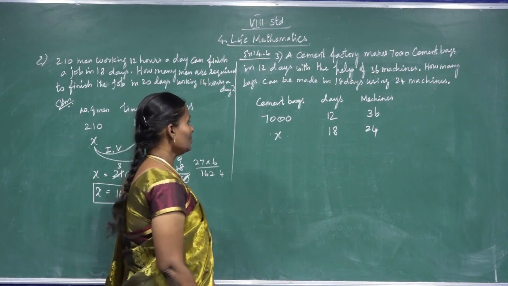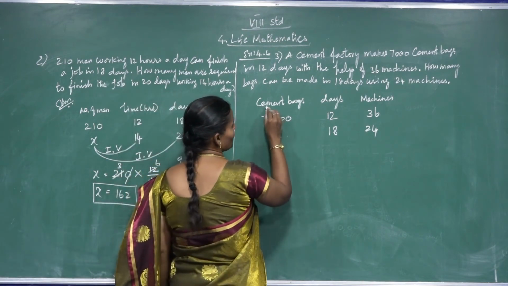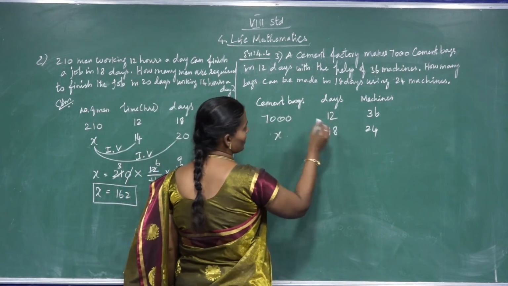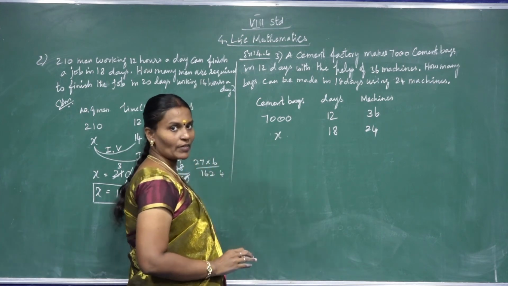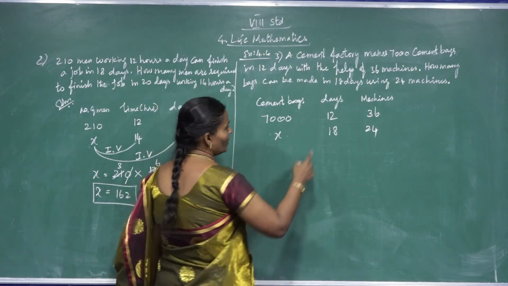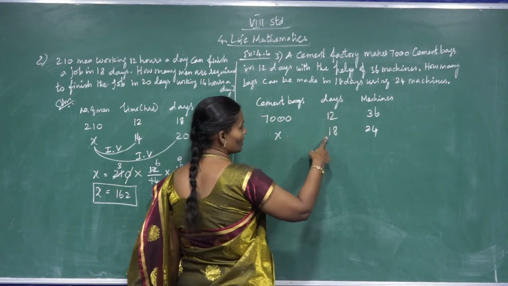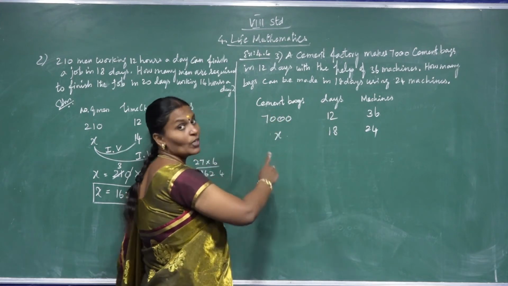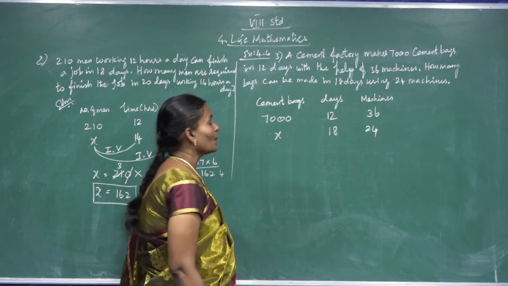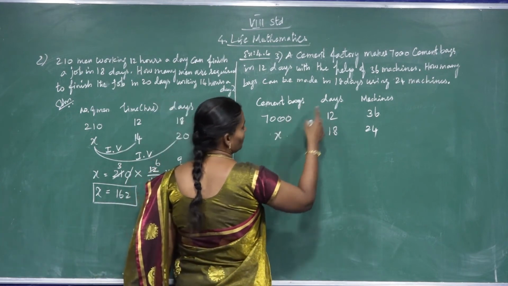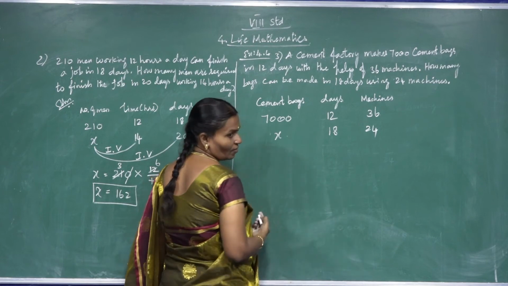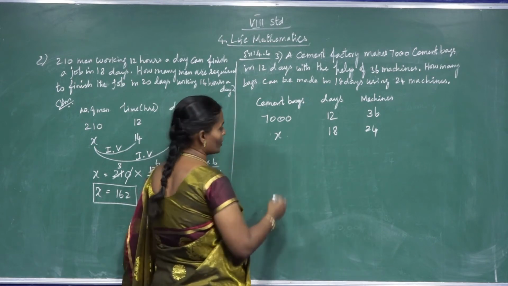Now compare cement bags with the days. Here the days are increased, so the cement bags produced also increase. Both are increasing, so this is a direct variation.